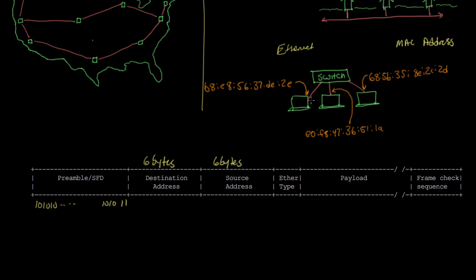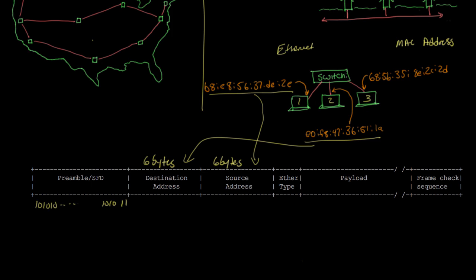So if computer 1 over here, this is computer 1, 2, 3, wants to send data to computer 2, then it'll put computer 2's address into the destination, and it'll put its own address, computer 1, as the source address. Then if the switch knows about computer 2, it'll just forward the frame to computer 2.